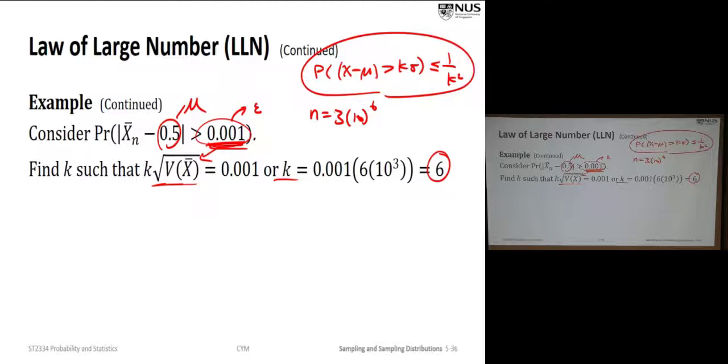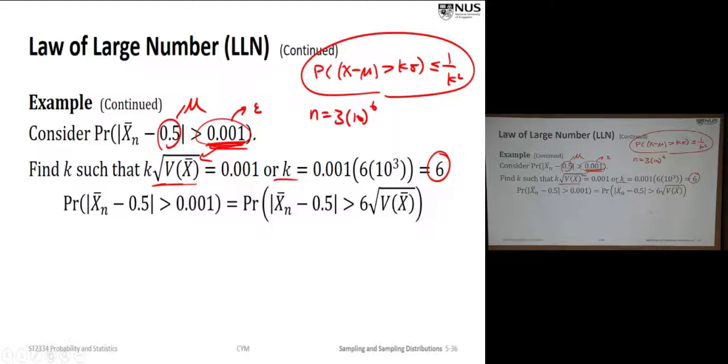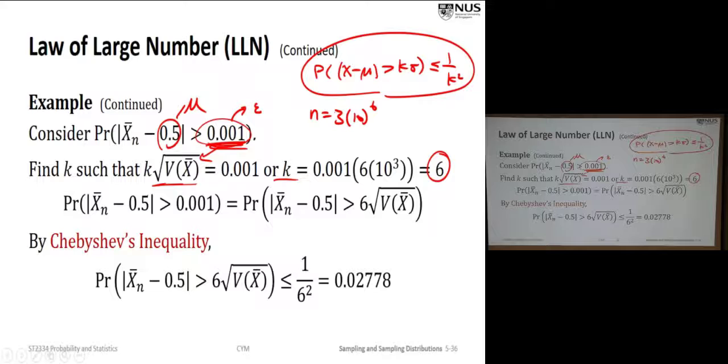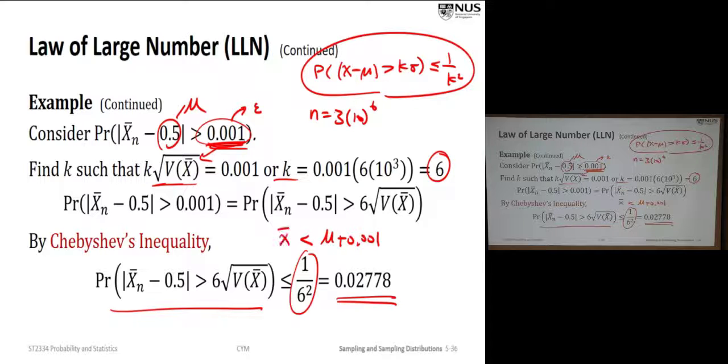Applying the Chebyshev inequality, it's less than or equal to 1 over k squared. So at least I know that the chance of the sample mean being outside mu plus 0.001 and mu minus 0.001 is small.